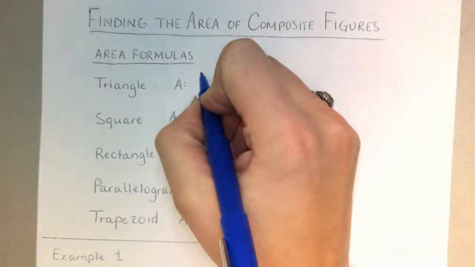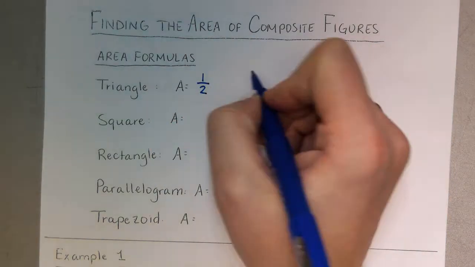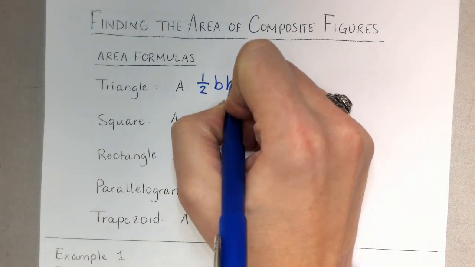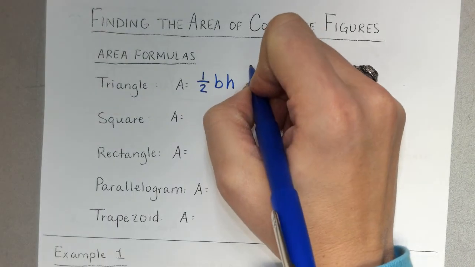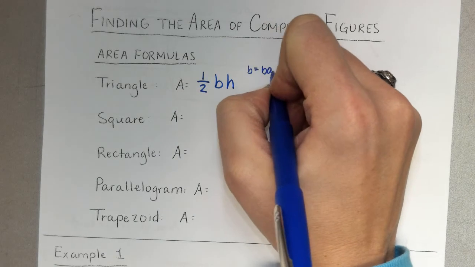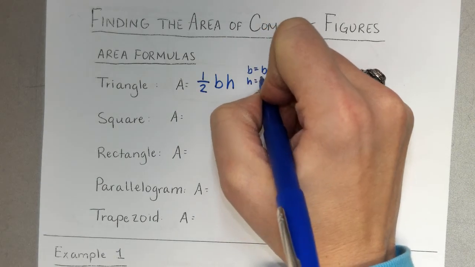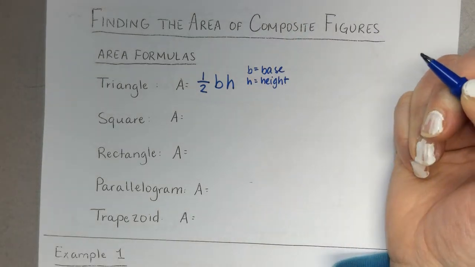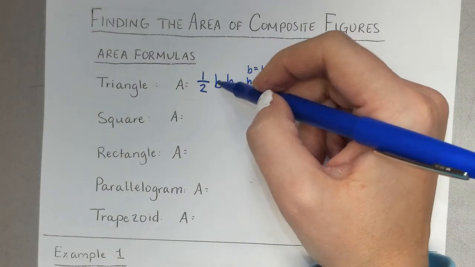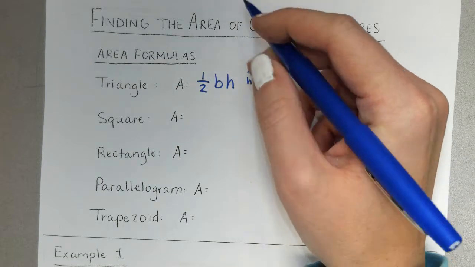The area for a triangle is 1/2 times the base times the height. B equals base, H equals height. So you multiply the base times the height, and then that times 1/2.